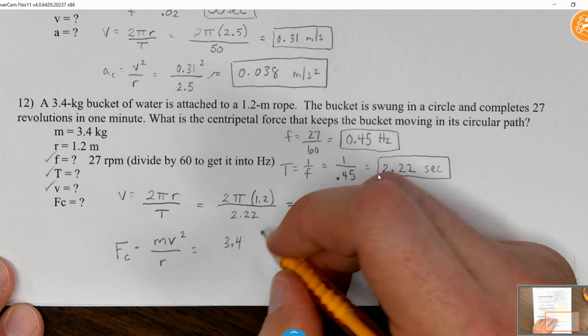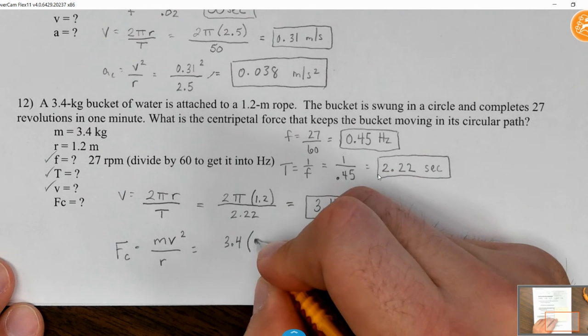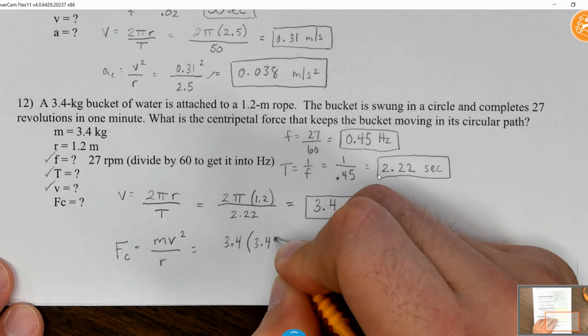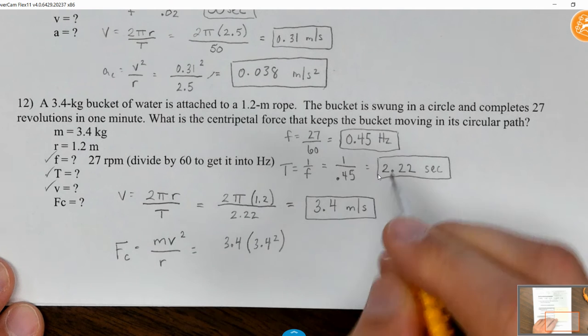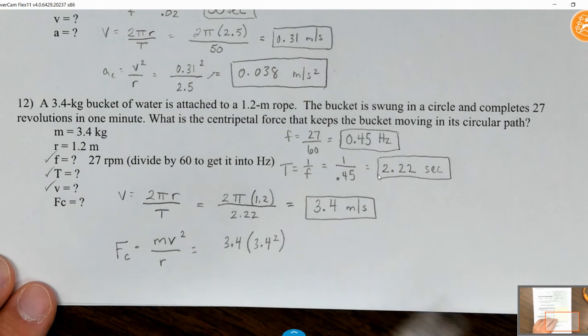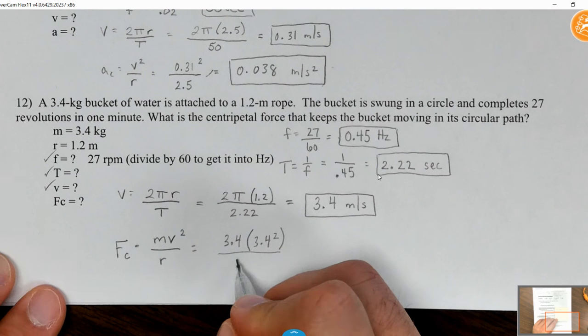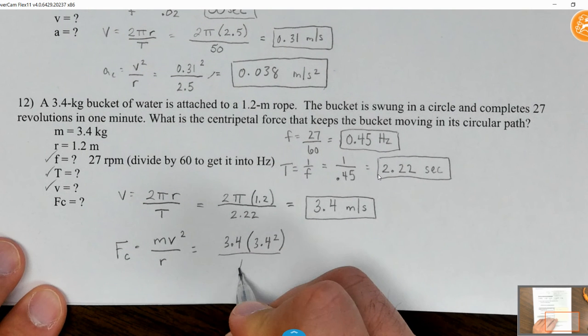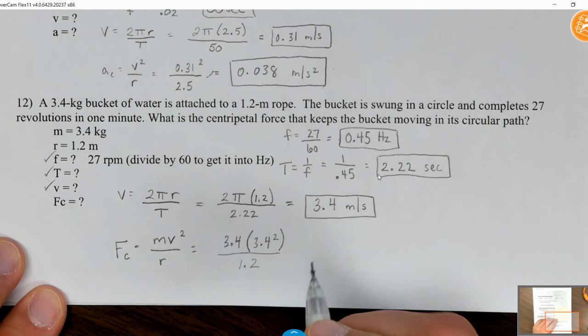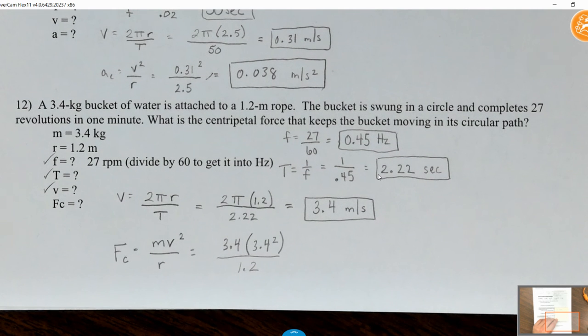So we have 3.4 times 3.4 squared, because you have to square the velocity, and then that is going to be divided by the radius here of this 1.2. So 3.4 squared times 3.4 divided by 1.2.